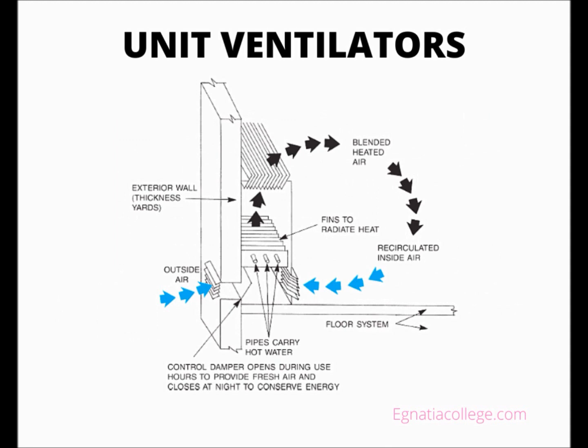The heating controls include a function that controls the balance of recirculated inside air and fresh outside air. During the day, when the building is in use, the damper is open to allow more fresh air to be circulated through the room. At night, the damper is closed, so that less cool air enters the room, resulting in an energy savings.